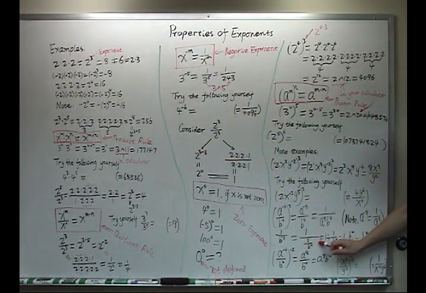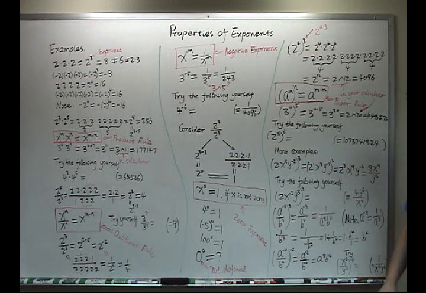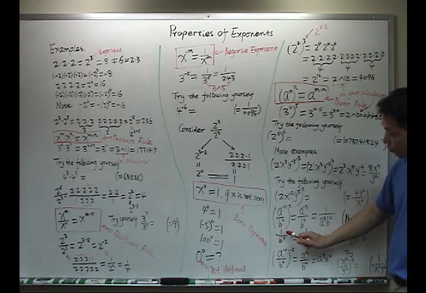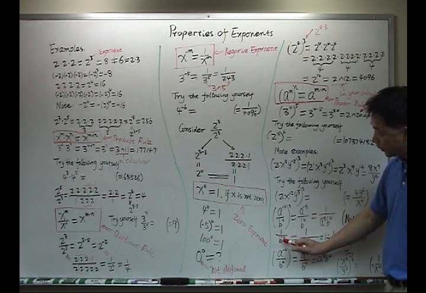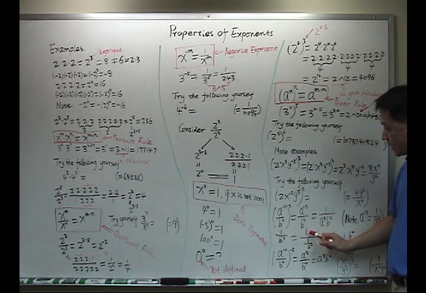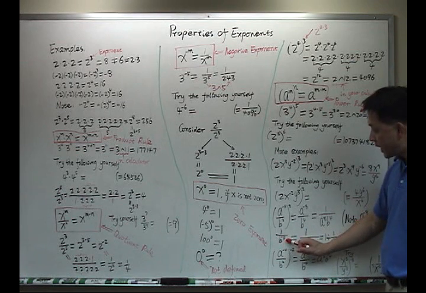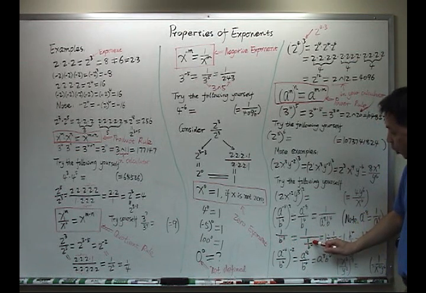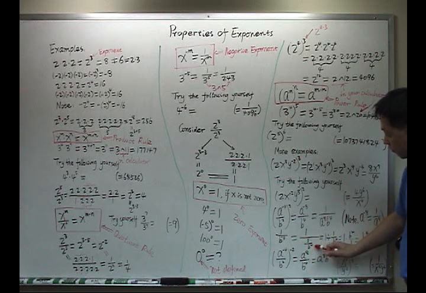Now, the last 2 lines are even harder. Look, this is 1 over b to the negative 4th. You know, 1 over b to the negative 4th is 1 over b to the 4th?